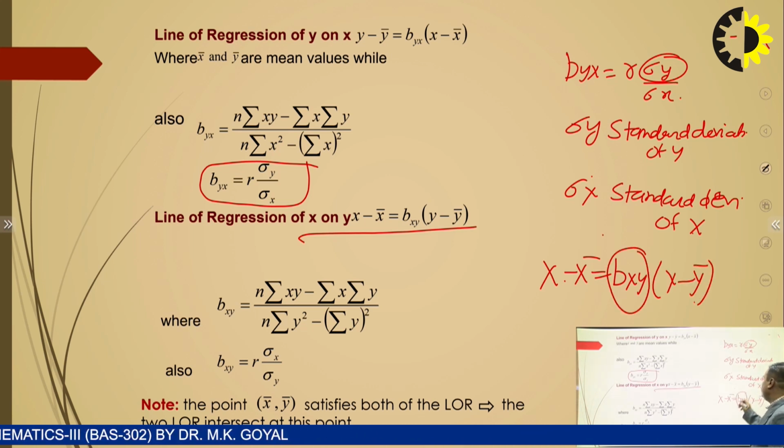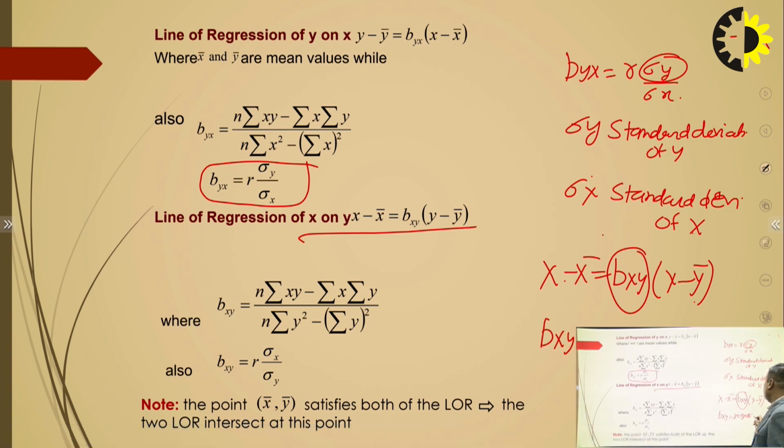Here bxy is the regression coefficient of x on y. अगर y given है, x निकालना है, we have to apply x minus x bar equals bxy times y minus y bar. Here x bar is equal to summation x by n, y bar is equal to summation y by n. Putting these values in this relation.